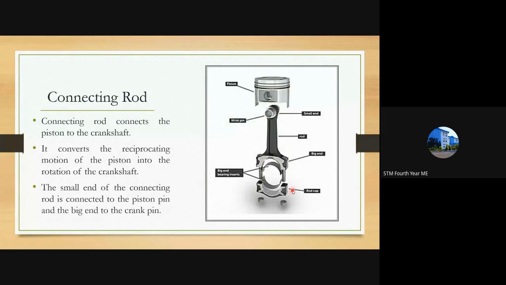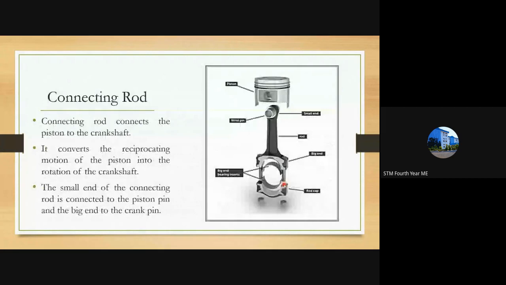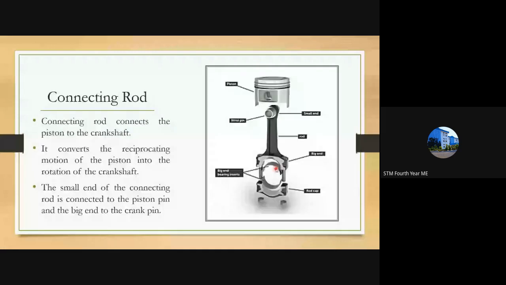I have discussed before about piston bearings. These bearings are provided at the small end of the connecting rod, and you can see here that at the big end also there are sufficient bearings.